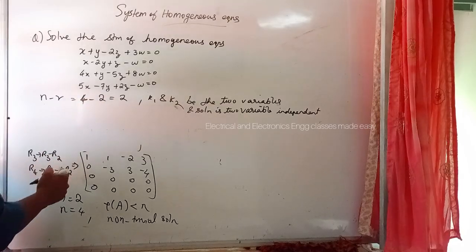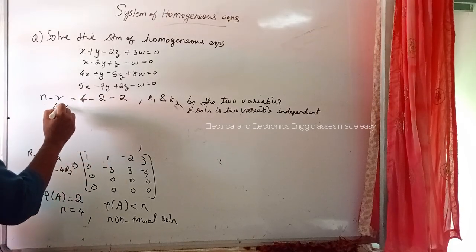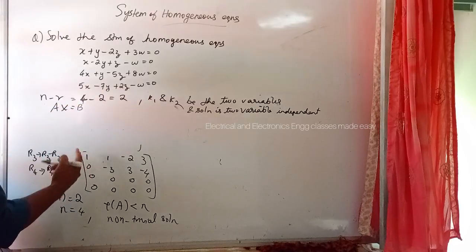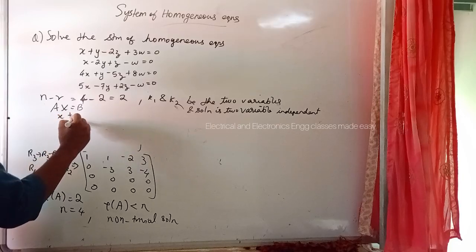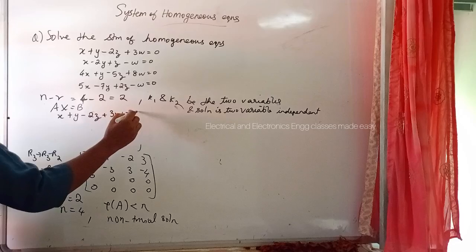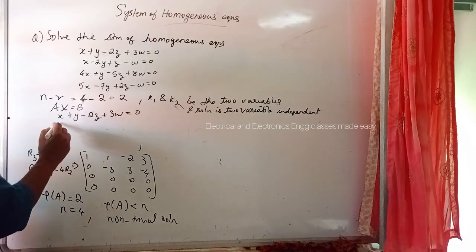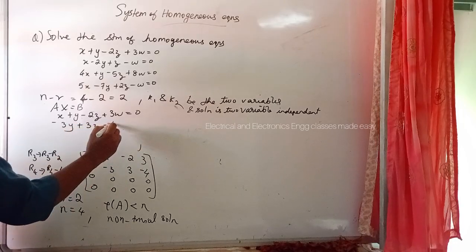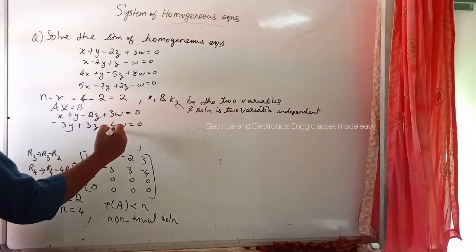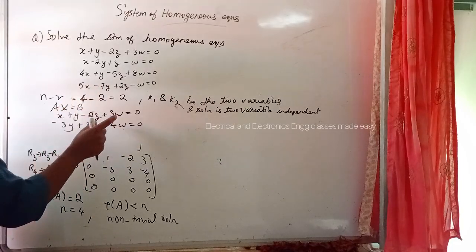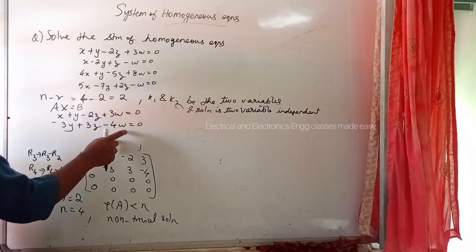So let us write this in the AX = B form, where B is 0. So we can write x + y − 2z + 3w = 0. Then from the second row, −3y + 3z − 4w = 0. Here we have to assume k1 and k2 for two variables.